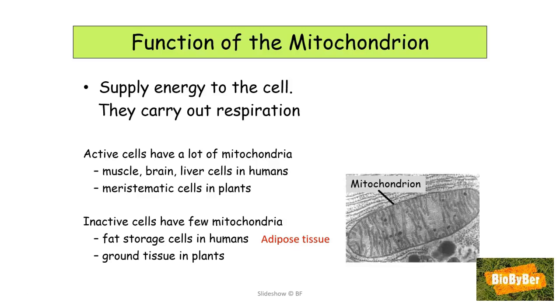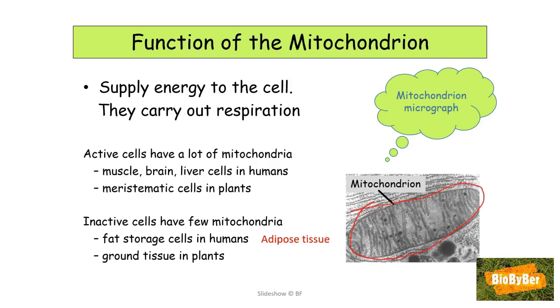Be able to recognize the electron micrograph, a photograph of a mitochondrion under the electron microscope. We recognize it because of its oval, tic-tac shape and the infoldings or the cristae.